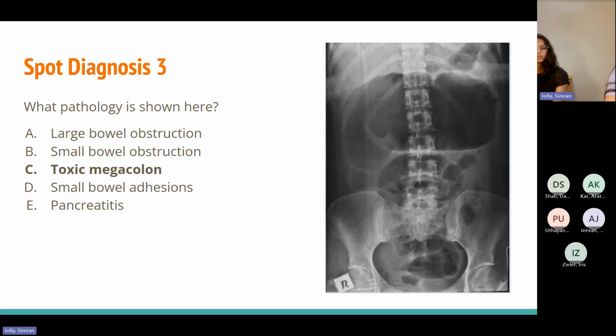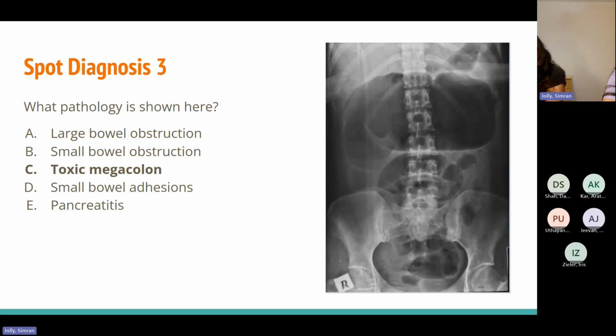So does anyone know any causes of toxic megacolon? Okay, so one of the main causes is IBD, inflammatory bowel disease. That includes ulcerative colitis and Crohn's disease. Infection can also cause toxic megacolon, particularly a hospital-acquired one.